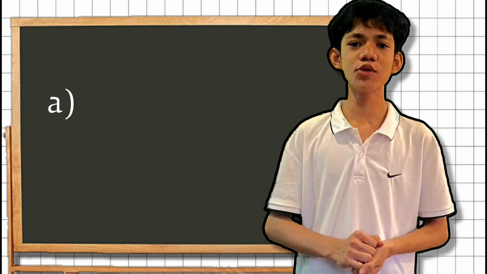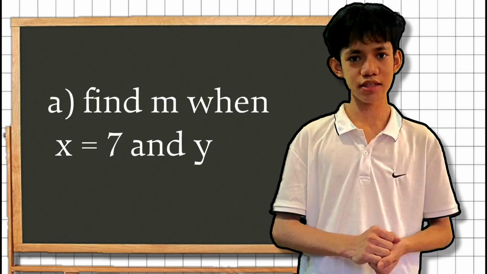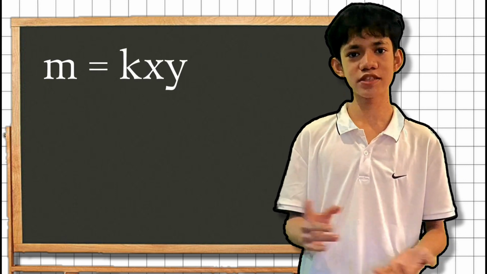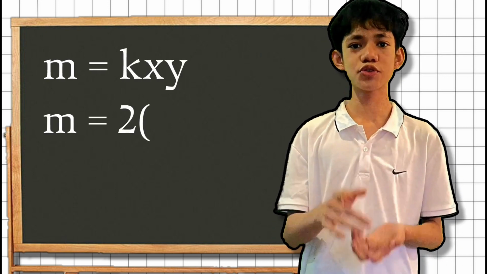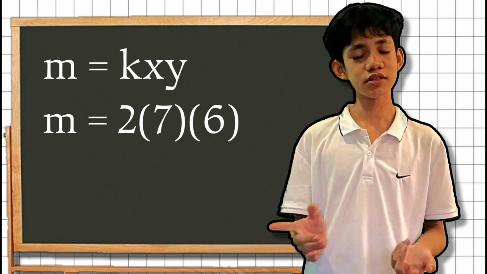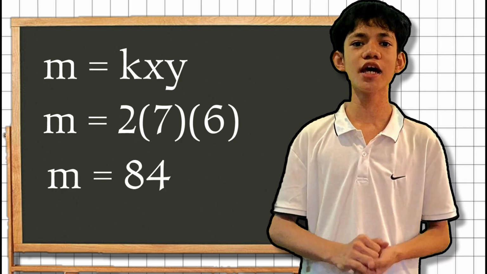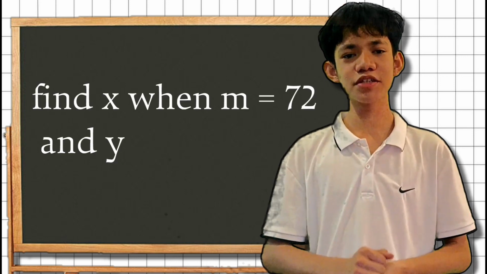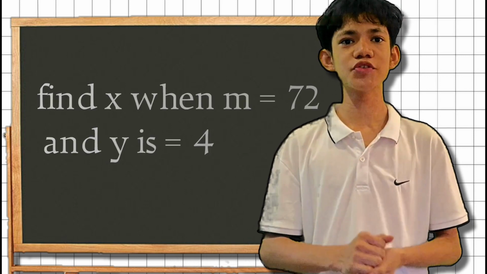2a. Find m when x is 7 and y is 6. Again, the equation will be m is equal to kxy. Substitute: m is equal to 2 times 7 times 6. Multiply those to get m is equal to 84. 2b. Find x when m is equal to 72 and y is equal to 4.